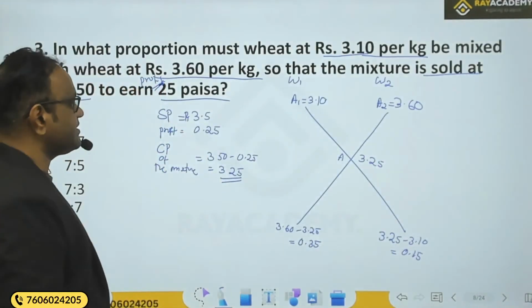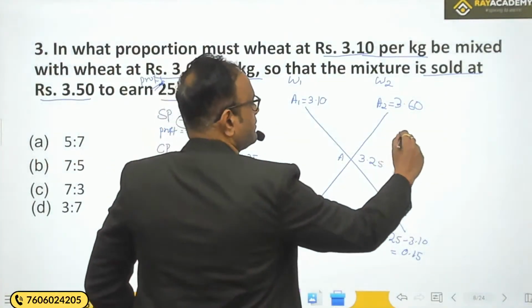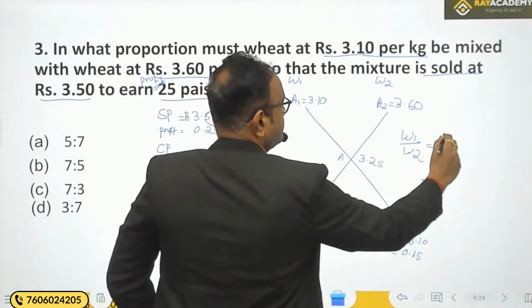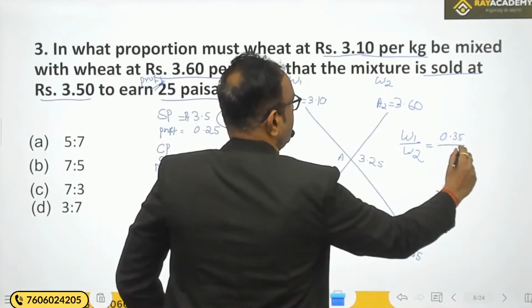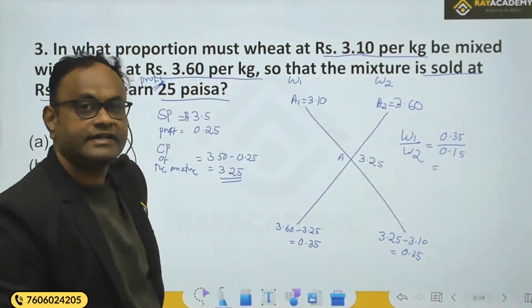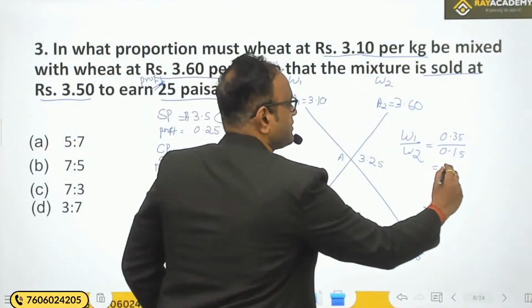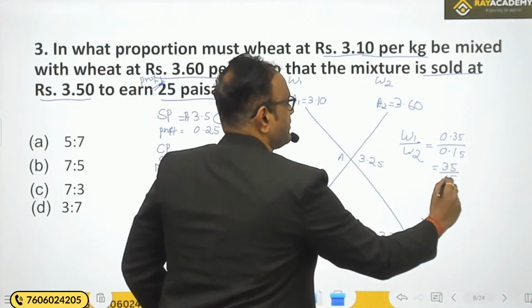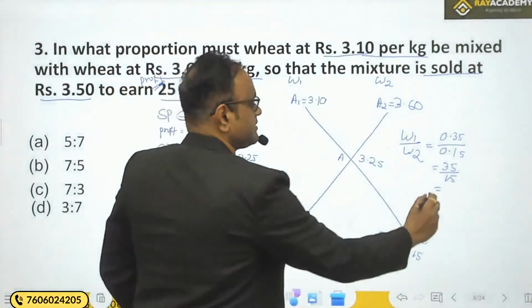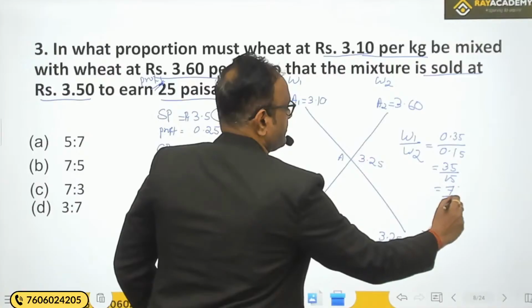What is the alligation mixture? The formula says W1 by W2 will be 0.35 by 0.15, or you can say 35 by 15. Decimals you can remove. 35 by 15. If you simplify, 5 7s are 35, 5 3s are 15, so you will get 7 by 3.